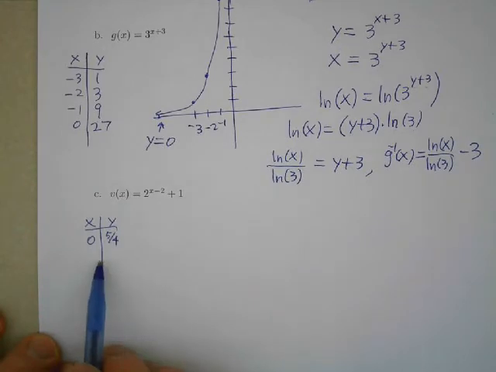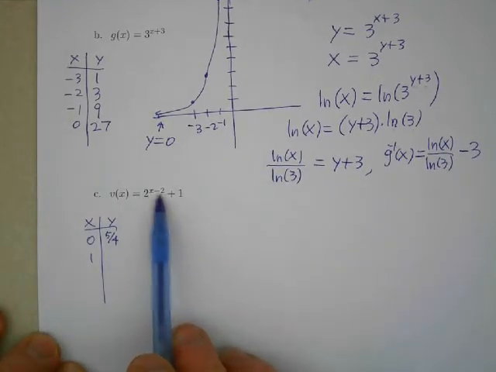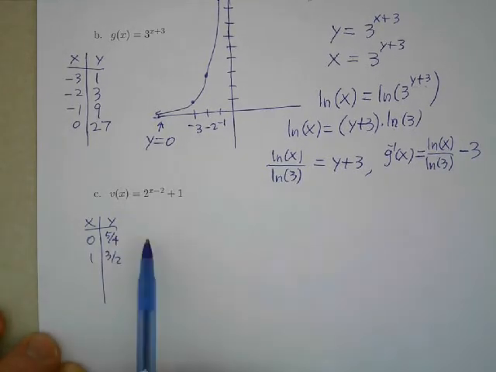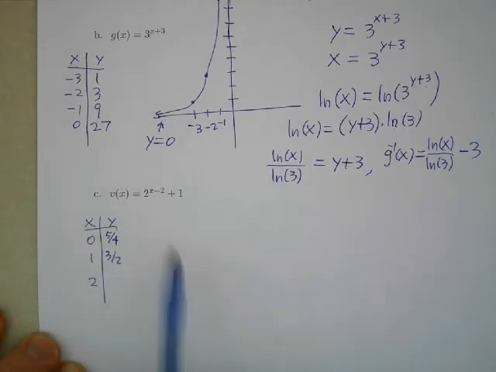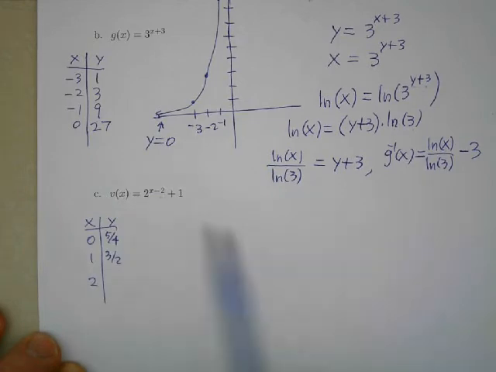And then if we pick x to be 1, 2 to the 1 minus 2 is 2 to the negative 1, which is 1 over 2, or 1/2. 1/2 plus 1 is 3/2. And then if we pick x to be 2, we get 2 to the 0, which is 1. 1 plus 1 is 2.